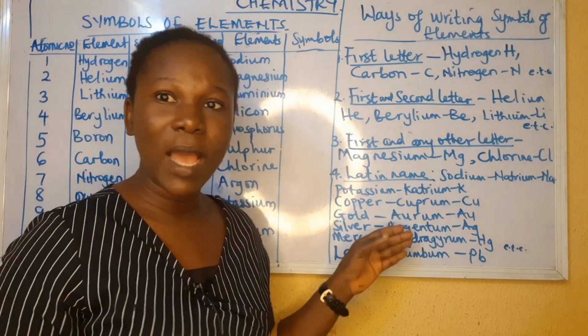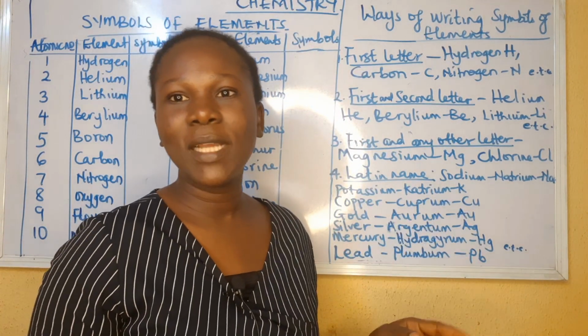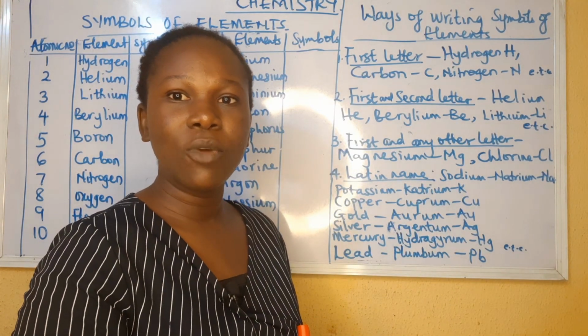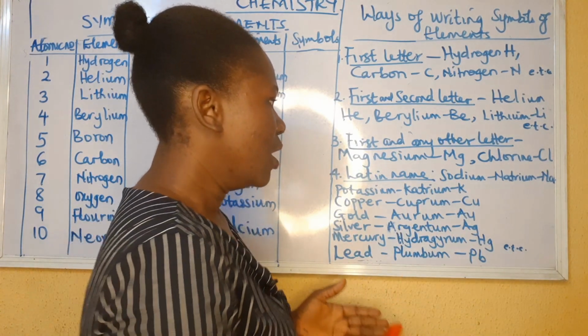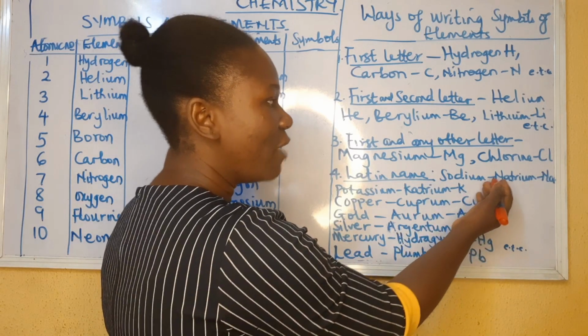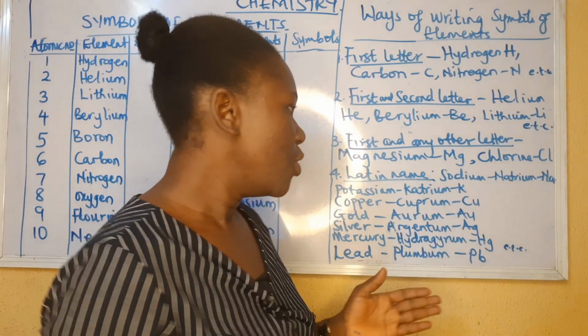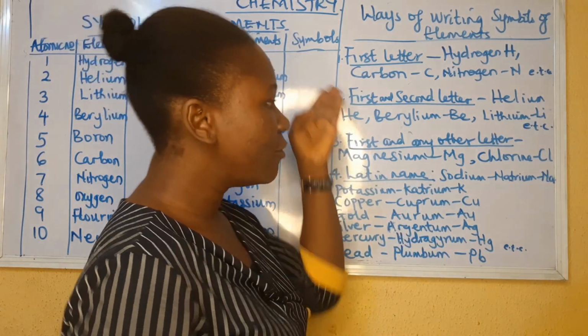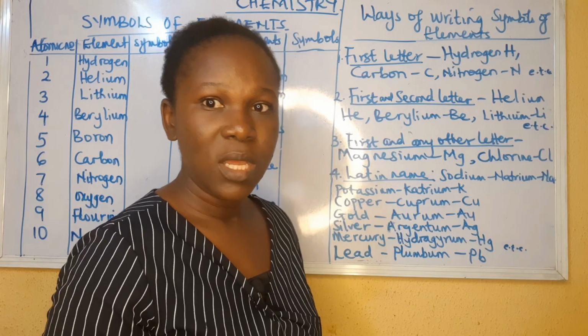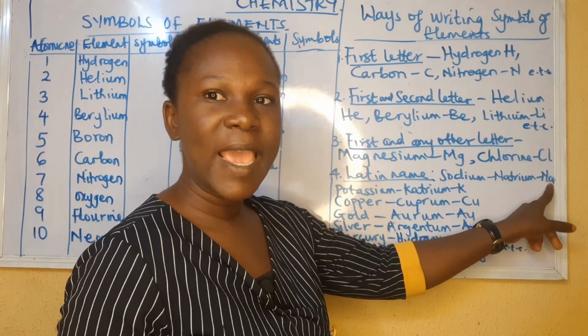Then the last part is very, very important and interesting, which is from the Latin name. We can also get symbols of elements from their Latin name. Let's look at a very good example. So many examples that we have here. We have sodium. Sodium is in position 11 and the Latin name is natrium. Natrium is Na.